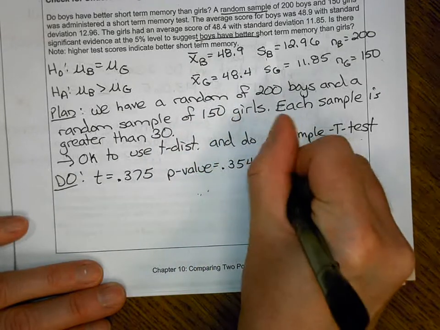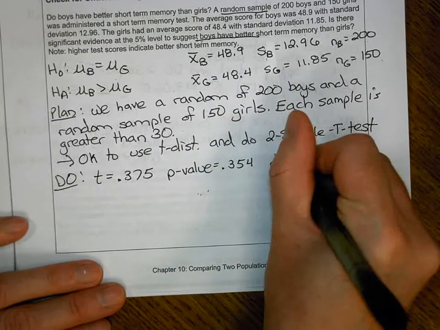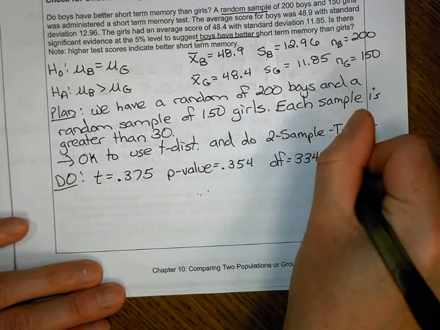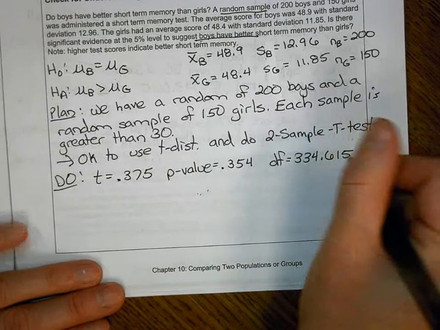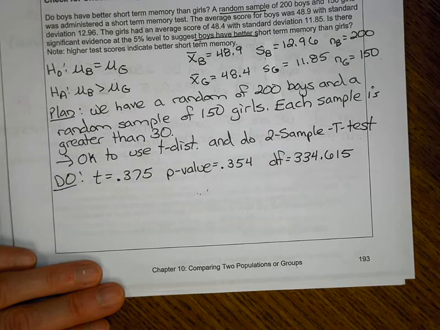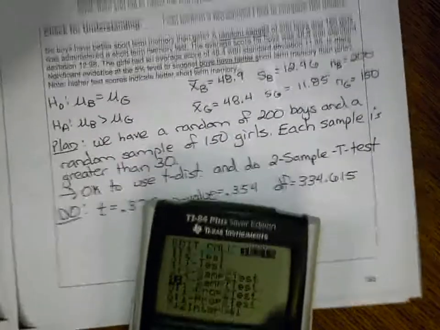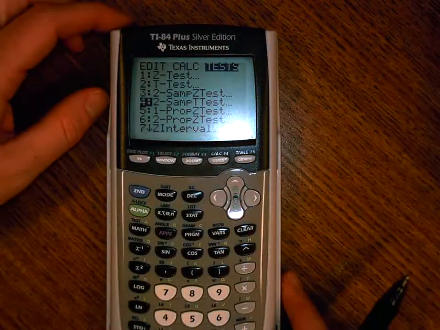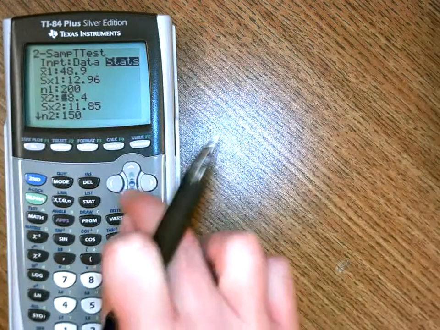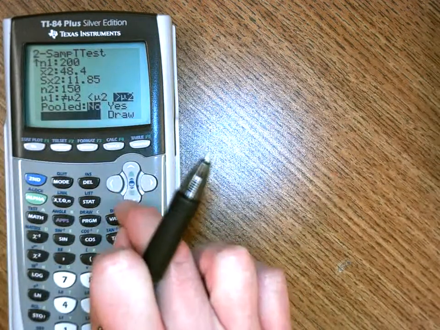Your degrees of freedom, again, if they're giving it to you in the calculator, write it down: 615. We already have all the x-bar information, the standard deviation, and our sample sizes. I want to see what the picture looks like though, because there should be some cool shading going on. So I'm going back to my 2-sample t-test, enter, going down through all this stuff. Stay out of the pool, draw.